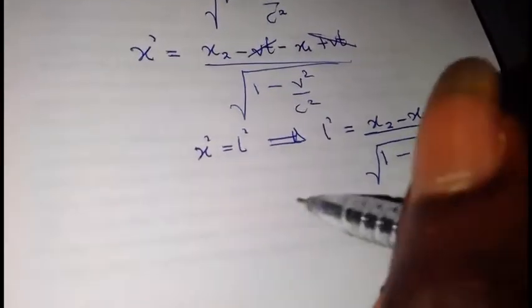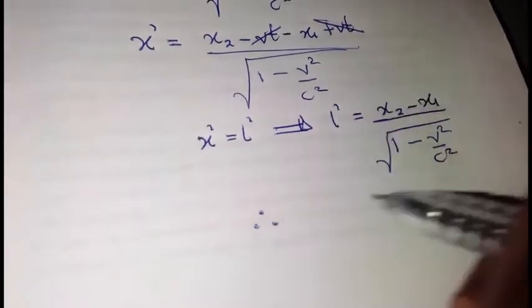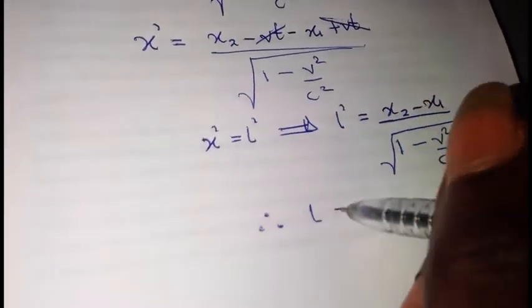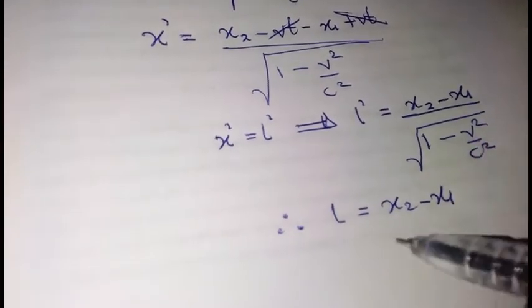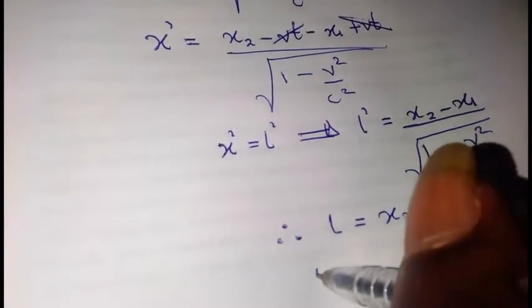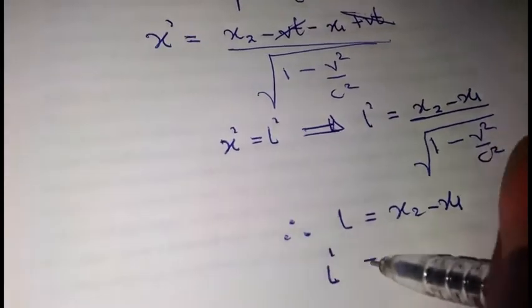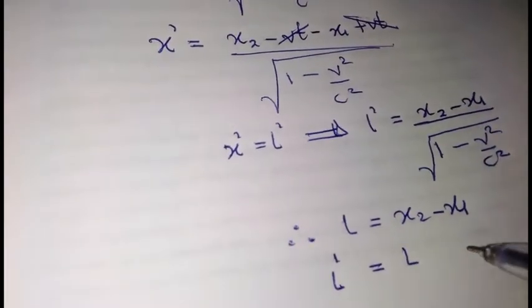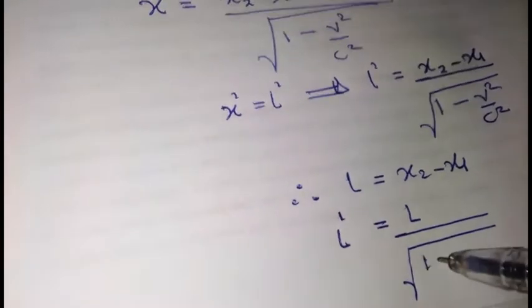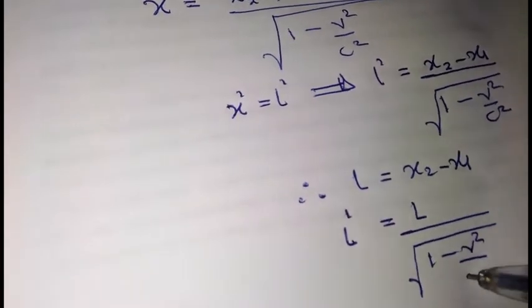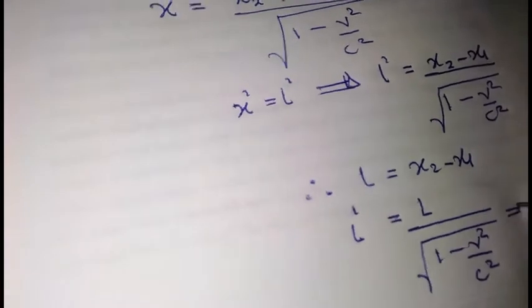So we have this, that is L is equal to x2 minus x1. So we have L prime equal to L all over root 1 minus v square all over c square.